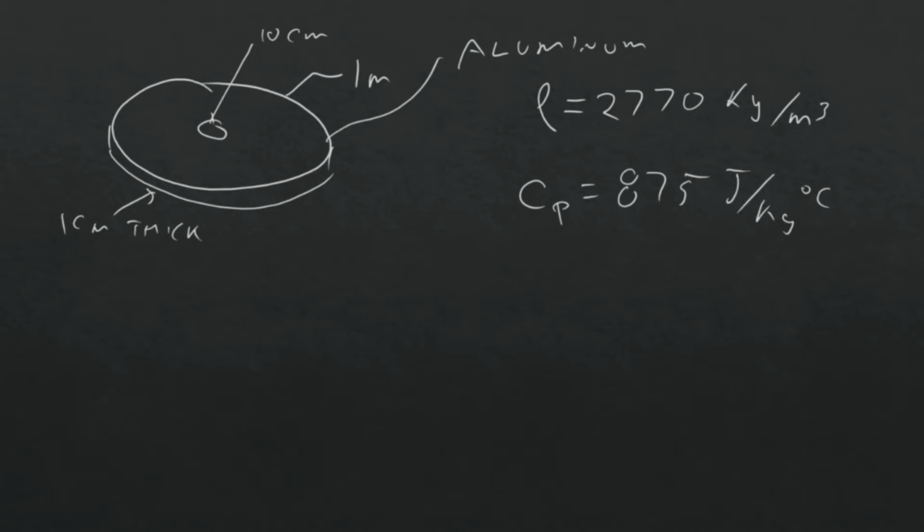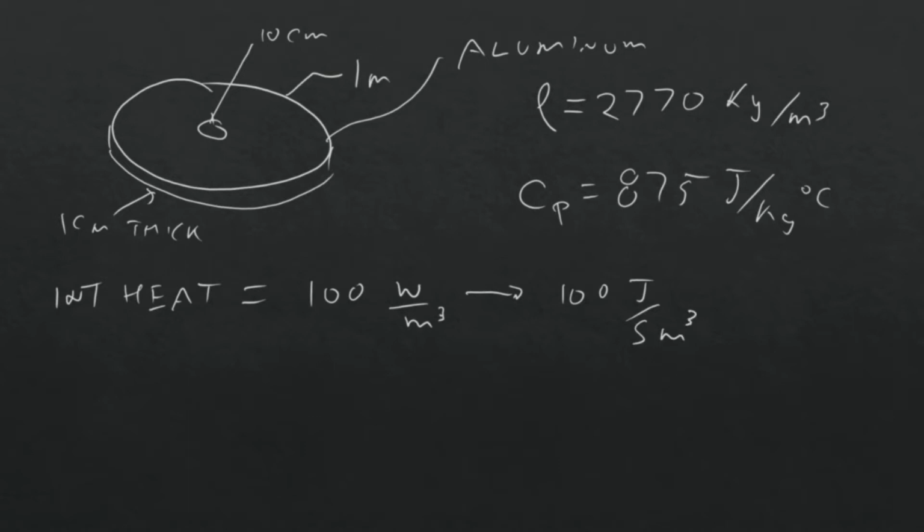Now, if we look at the amount of energy generation that we've added to this, in this problem we specified an internal heat generation, and that was equal to some number like, say, 100 watts per meter cubed. Now, that's actually 100 joules per second meter cubed.